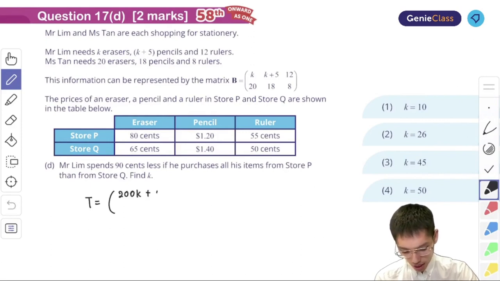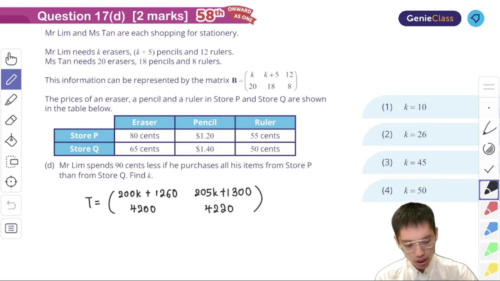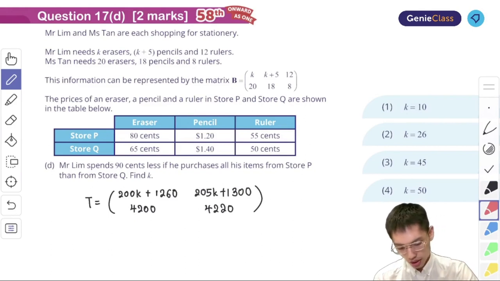200k plus 1260, 420. Okay, this is how we solve if we get the information from the matrix. We'll still need the previous matrix to help us solve. So P, Q, Mr. Lim, Miss Tan.